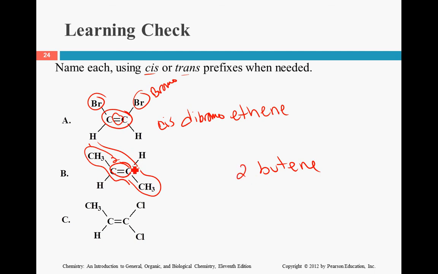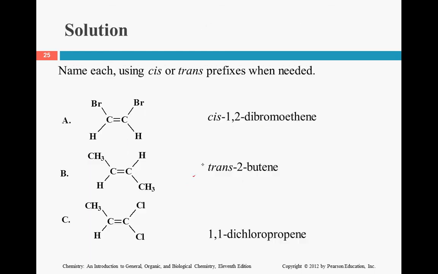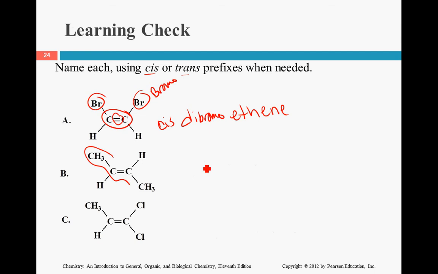Notice there's no substituents here, it's just hydrogens. So we're going to go straight to the cis or trans. This is trans-2-butene. This is 1,2. I forgot the numbers in there.